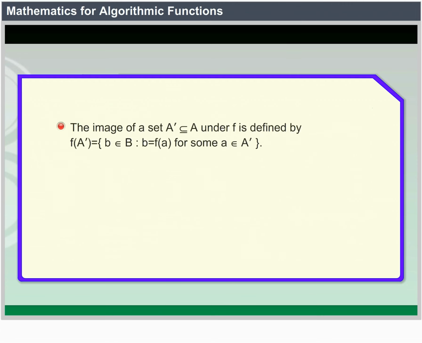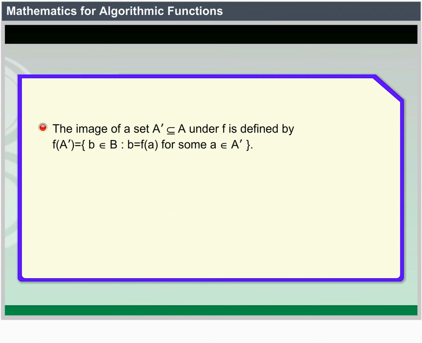The image of a set A' ⊆ A under f is defined by f(A') = {b ∈ B such that b = f(a) for some a ∈ A'}.